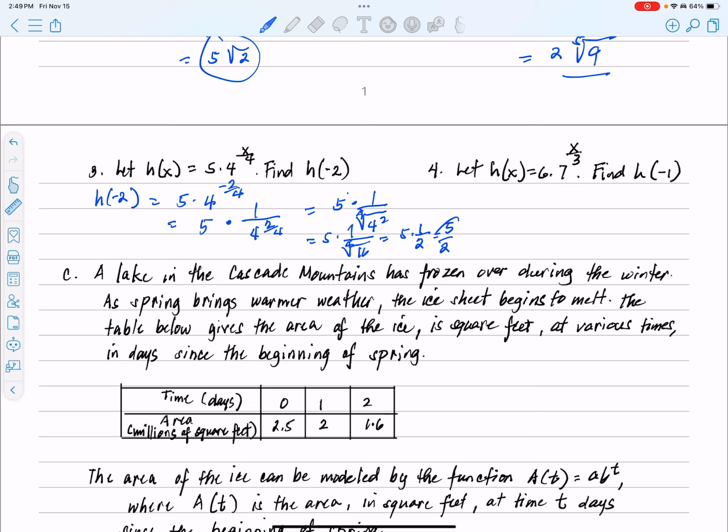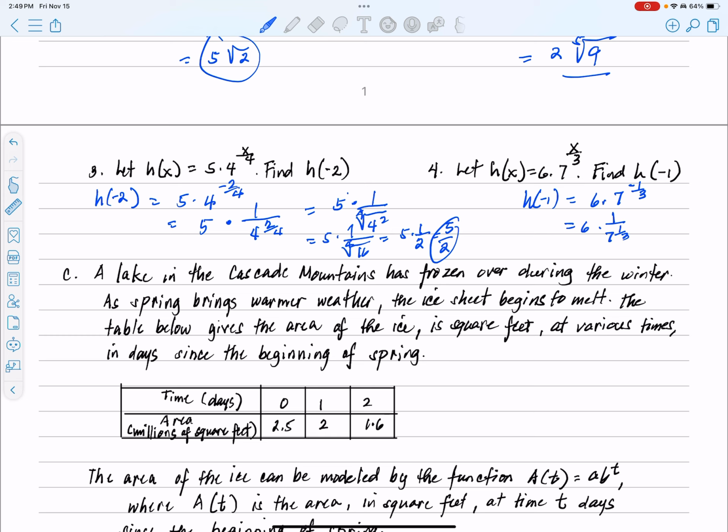Okay. Let's do number 4 here. h of x is 6 times 7 to the power of x over 3. So find h of negative 1. So that will be 6 times 7 to the negative 1 over 3. We have a negative exponent, so flip, get the reciprocal to make it positive.